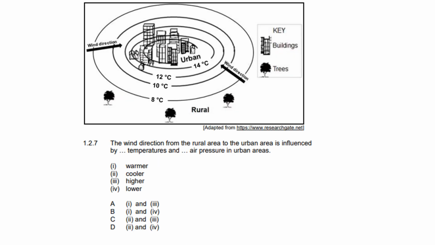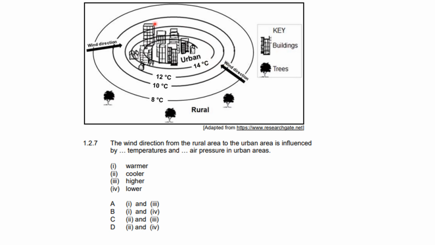Question 1.2 of that same question paper, November 2023, is a multiple choice question, and it deals with city climates or urban climates. Question 1.2.7 specifically reads that the wind direction from the rural area to the urban area is influenced by something temperatures and something air pressure in the urban areas.